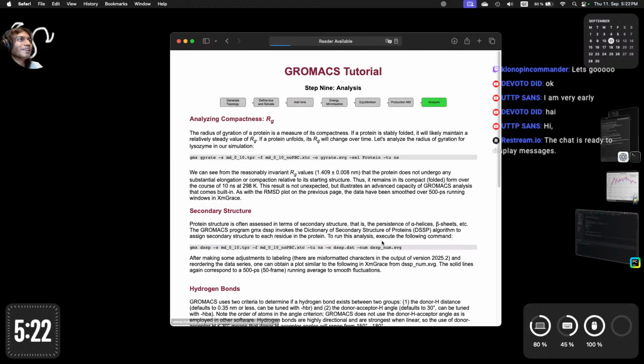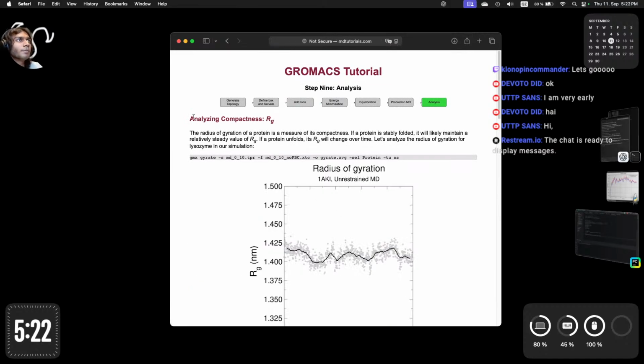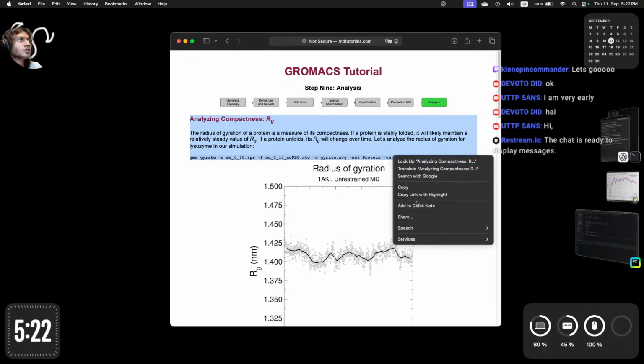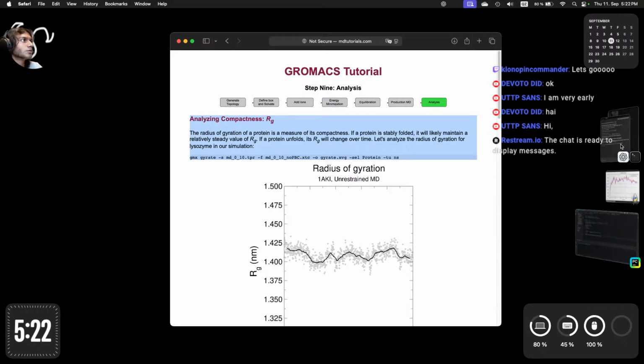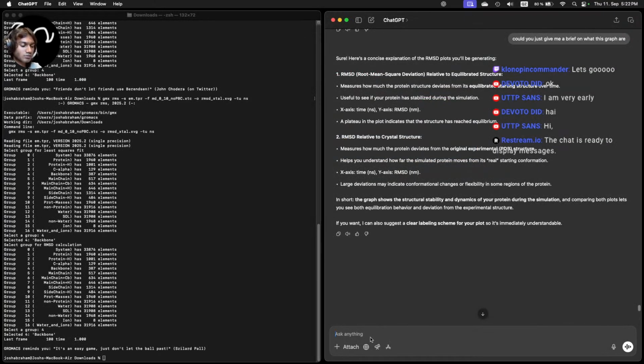Next, more analysis, analyzing compactness. Radius of gyration. Let's go. What the fuck is that?